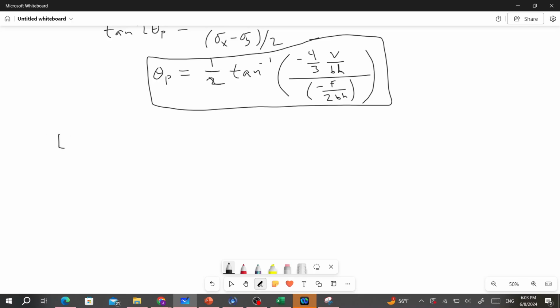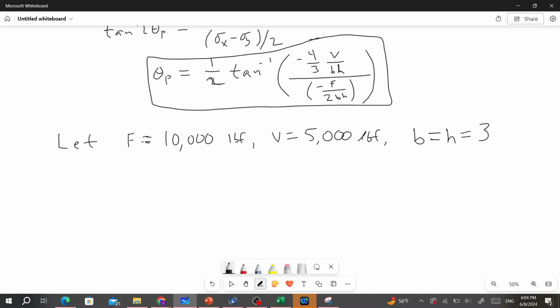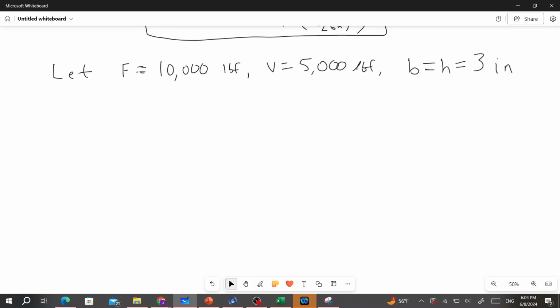Let's let F be equal to 10,000 pounds. Let's let V be equal to 5,000 pounds force. And then let's let B and H both be equal to 3 inches. I won't do the calculations here; I'll let you practice putting that into your calculator.